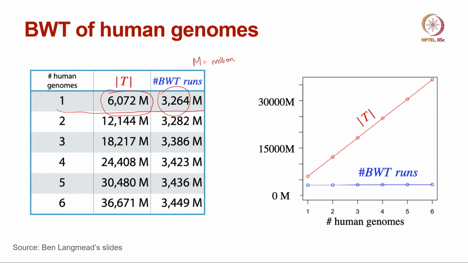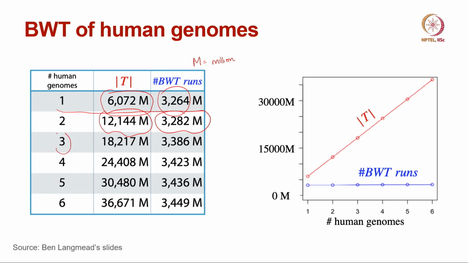But now suppose you take 2 human genomes and build a longer text, then the text will grow to approximately twice its size. But observe that the Burrows-Wheeler transform grows very slowly, because for repetitive text it is significantly more compressible.